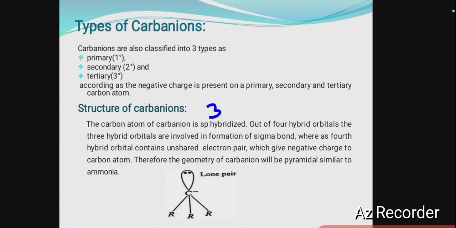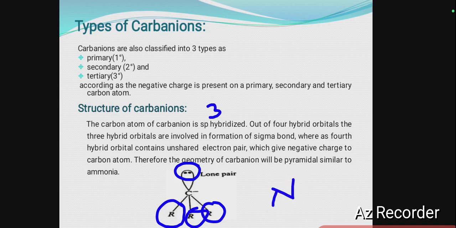Out of the 4 sp3 hybrid orbitals, 3 hybrid orbitals are involved in the formation of sigma bonds with the 3 other groups, whereas the 4th hybrid orbital consists of the unshared pair of electrons. Therefore, the geometry of the carbanion will be pyramidal, similar to ammonia.